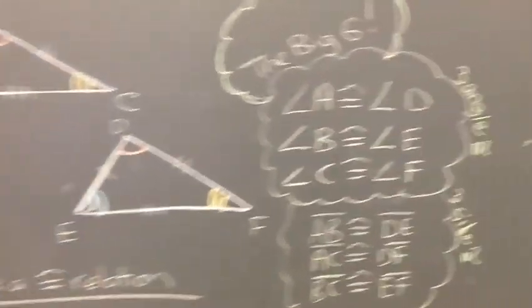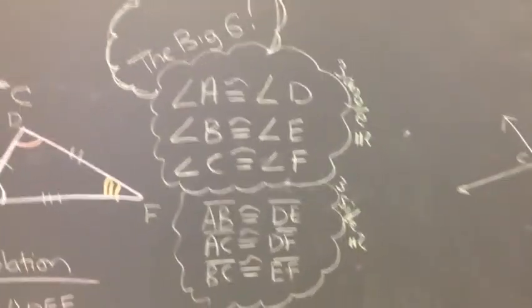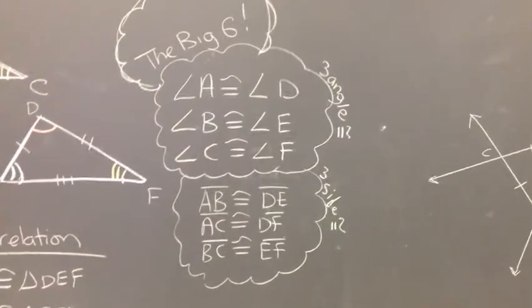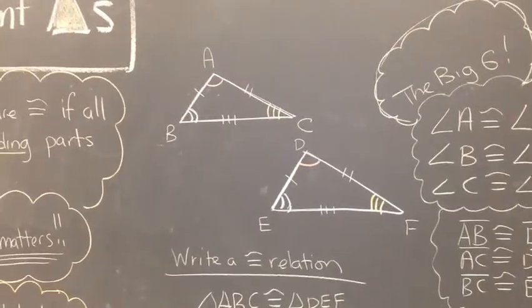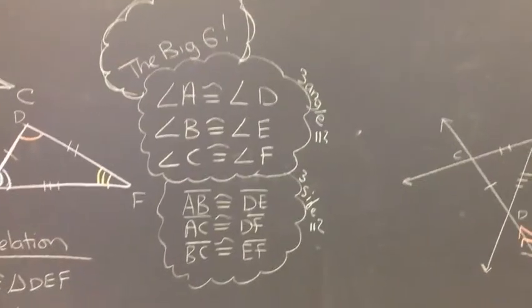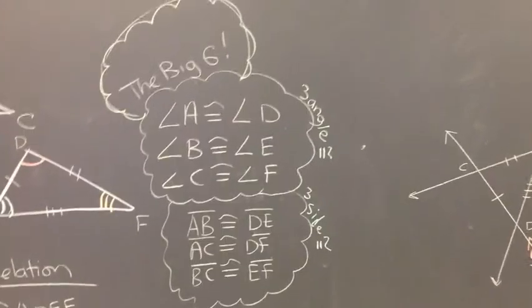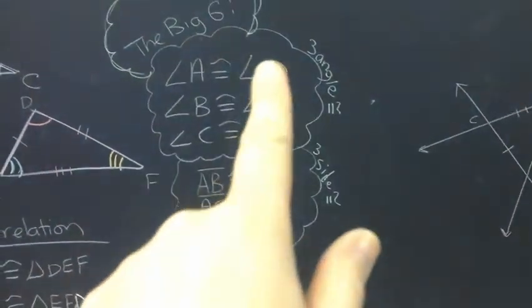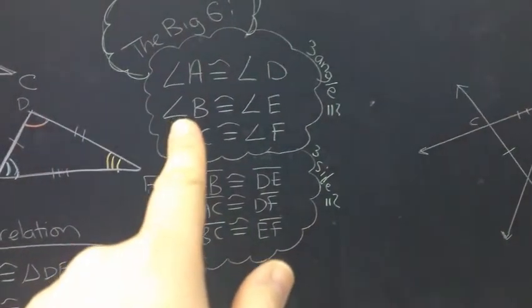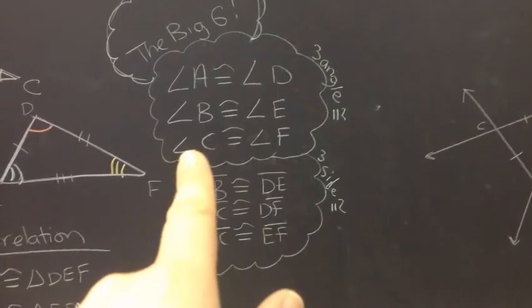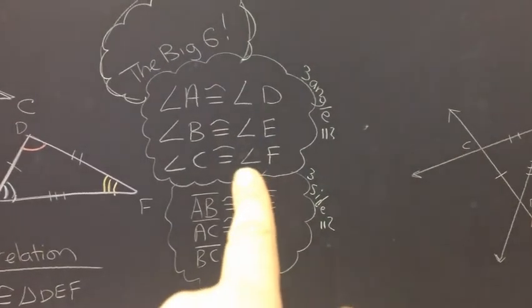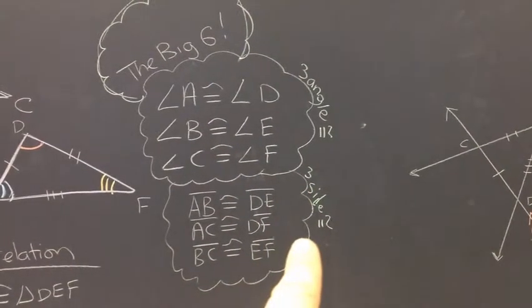I call this the big six. So there are 6 things you have to have in order to get two triangles congruent. And the first thing you have to have is all their angles. So there are 3 congruence relations you have to have for the angles. Angle A congruent to angle D, angle B congruent to angle E, angle C congruent to angle F. But you also have to have 3 side congruences.